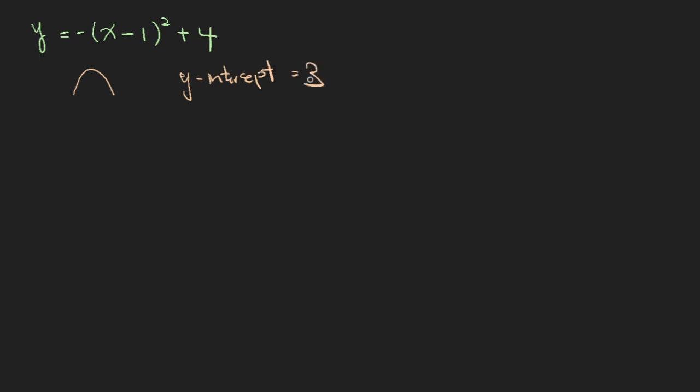So what else? We want to know where the graph intersects the x-axis, and the graph always intersects the x-axis when y is 0, right? This line. So when y is 0, let's solve this equation.